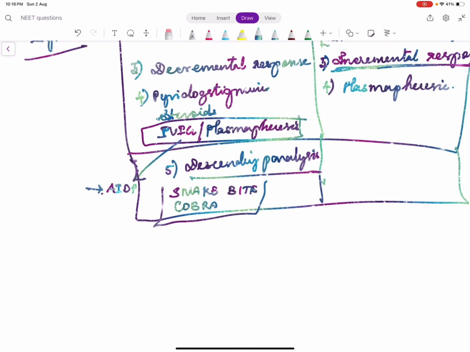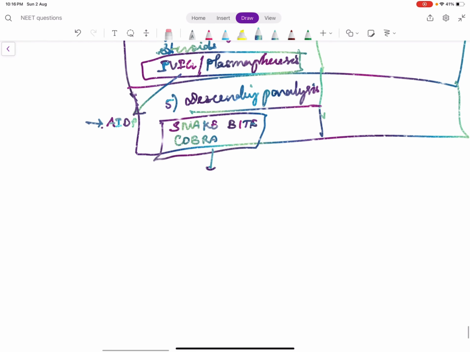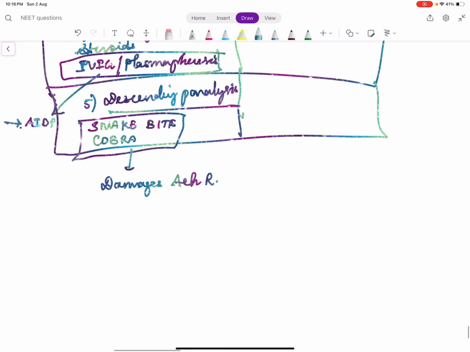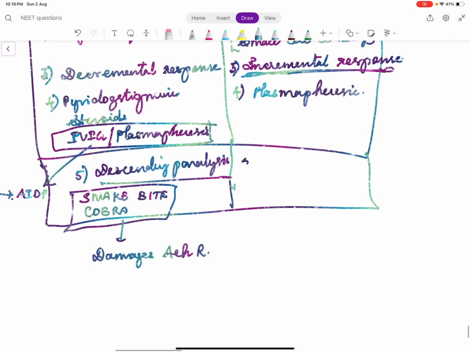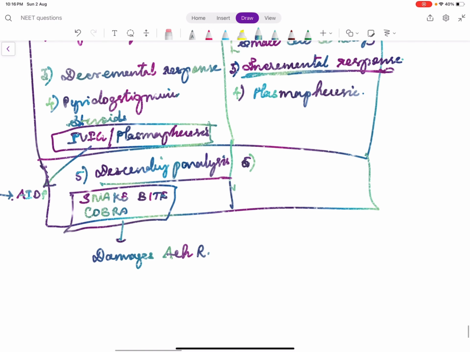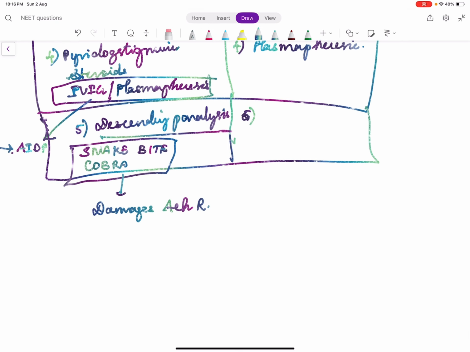Because cobra snake bite venom also damages the acetylcholine receptor. Likewise, Lambert-Eaton myasthenic syndrome, or the incremental response, is similar to krait venom.